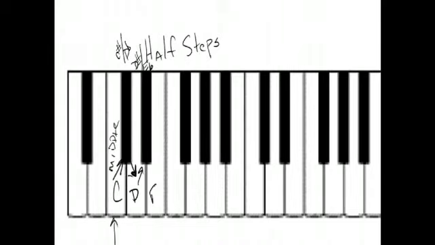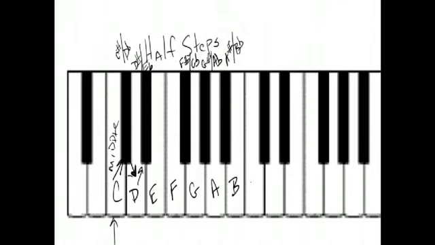We then have our E, then our F, then F sharp, G flat, G, G sharp, A flat, next half step A, sharp, B flat, next half step B, and then our next half step C, and then we just keep going.